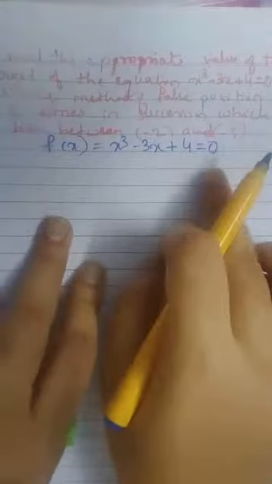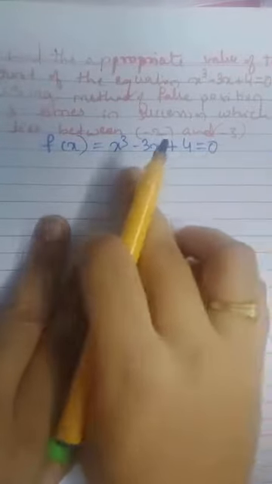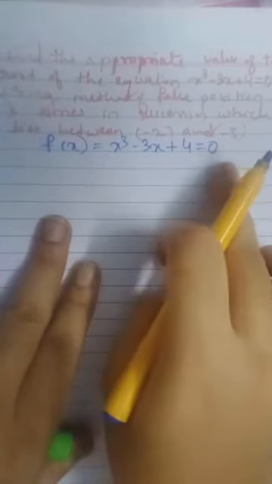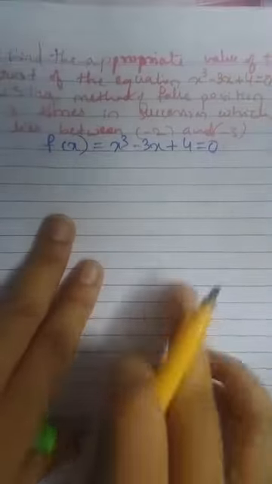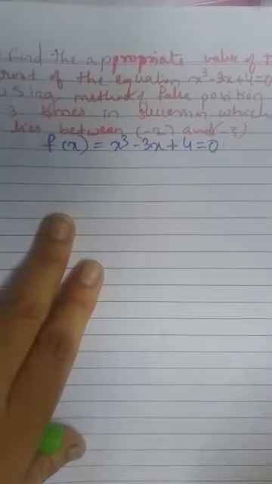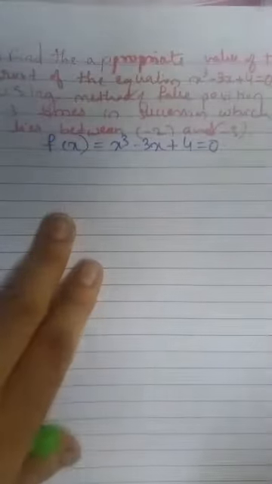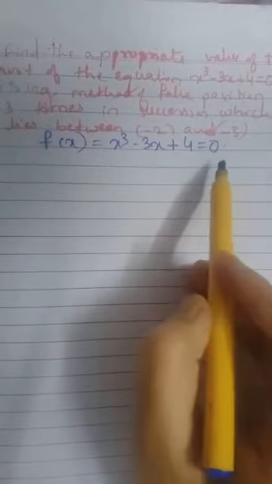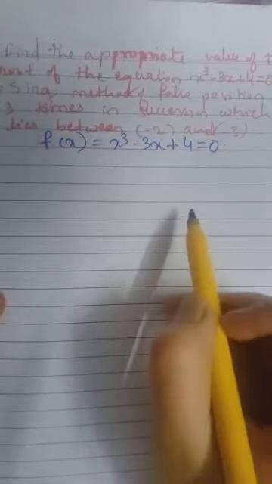Yes, this is already in f of x is equals to 0 format, so no need to do any conversions. Now they have also told that the root lies between -2 and -3.